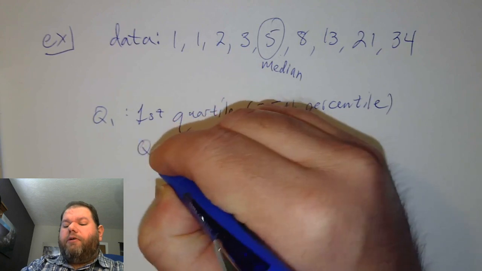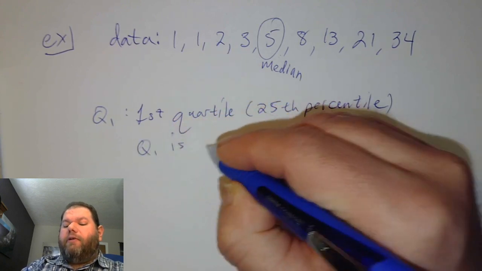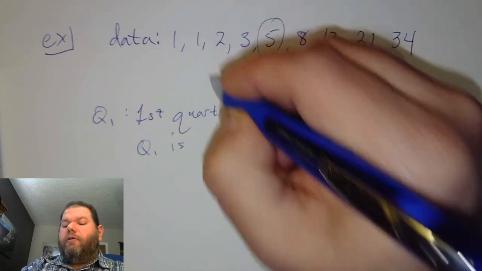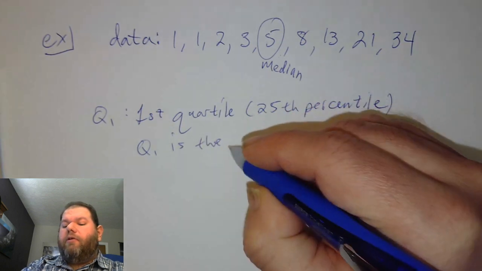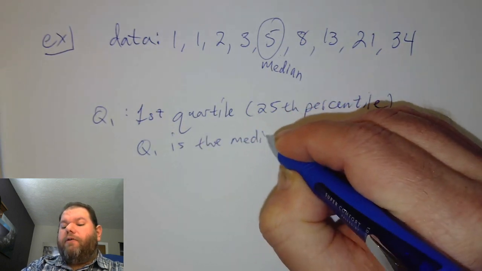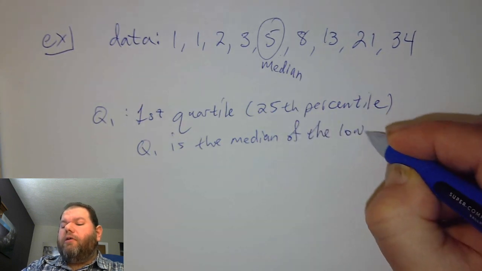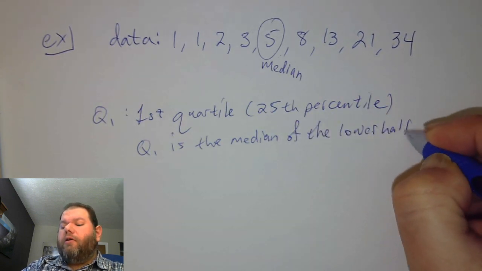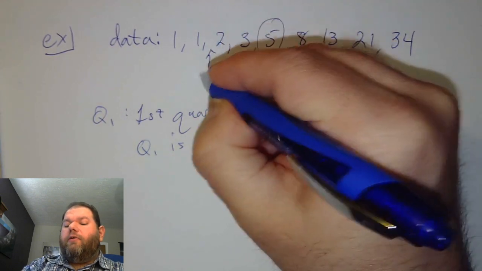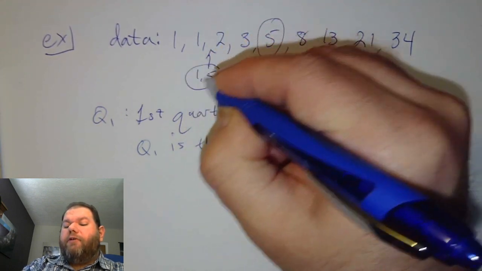So Q1 is the median of the lower half, so 1.5 is Q1.